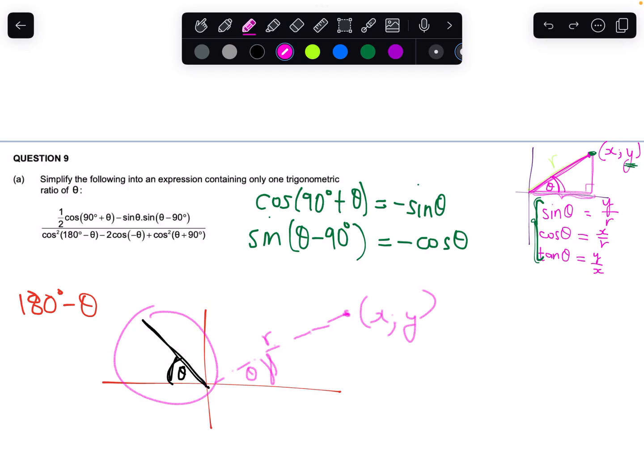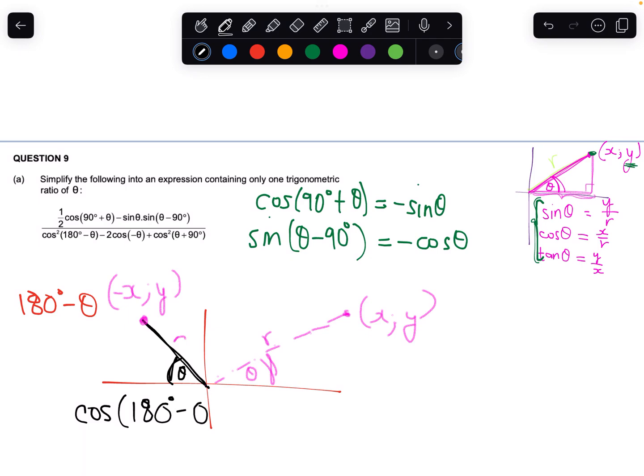So what does that mean for us? That means that this is r. That means that the x-coordinate will be negative x, and the y-coordinate will remain as y. Okay, so then the cosine ratio of 180 degrees minus theta will be this guy, minus x over r, which is the same as this guy, except it is negative.